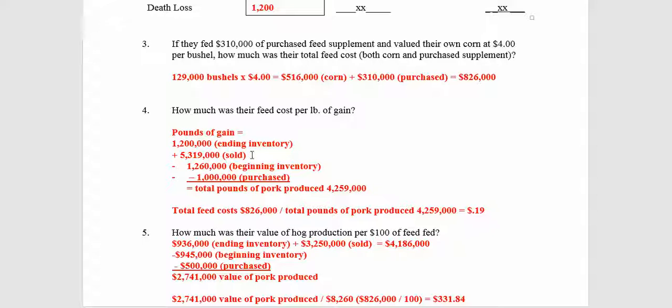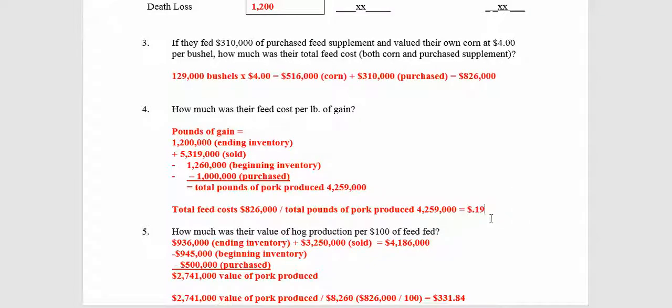We take the ending inventory plus what we sold, subtract the beginning inventory, subtract pounds purchased to figure out our total pounds of pork produced, which I already said was 4,259,000. We take our total feed costs from problem 3, divide by pounds of pork produced, and that equals 19 cents of feed cost per pound of pork produced.